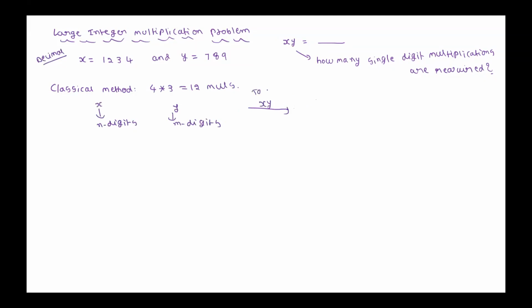To find xy, m into n single digit multiplications. This single digit multiplication, hereafter I call it scalar multiplication. So m into n scalar multiplications are required.